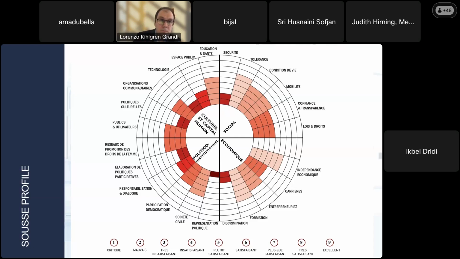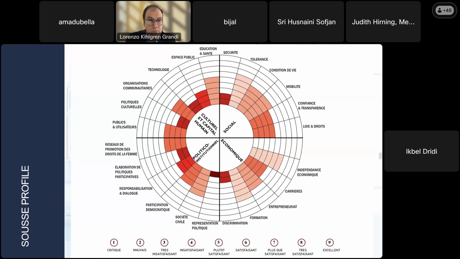As an example, I'm pleased to present the WEG of Sousse, where we can see here that safety, political representation, and cultural policies emerged as the most concerning issues for women.